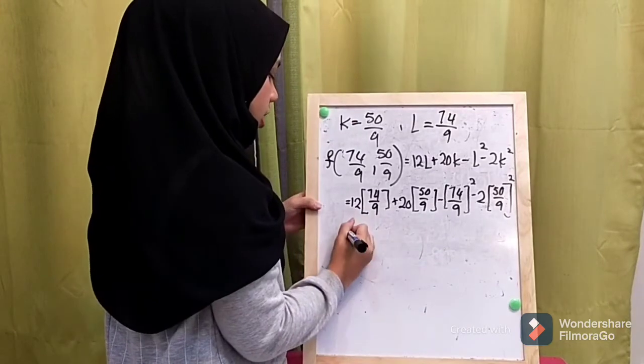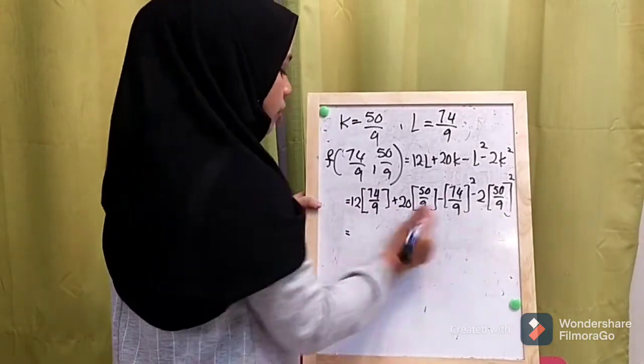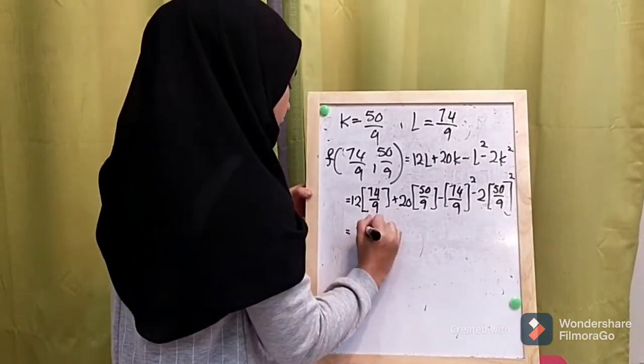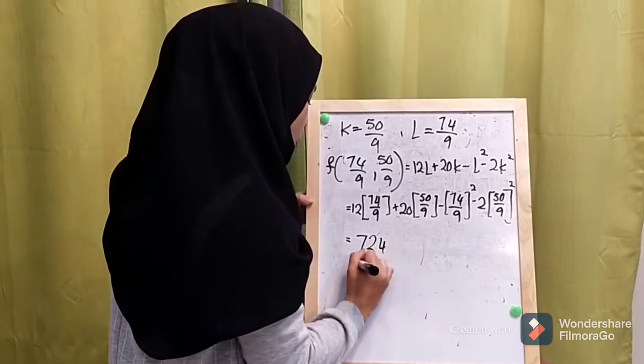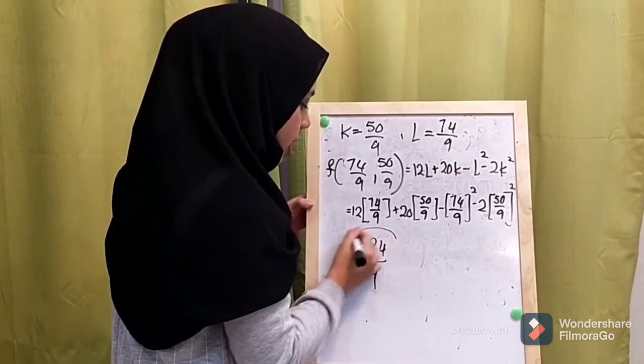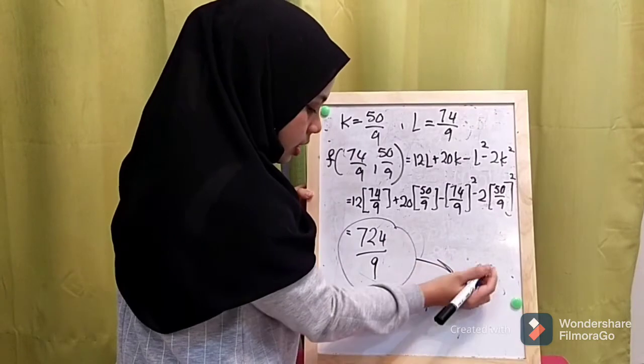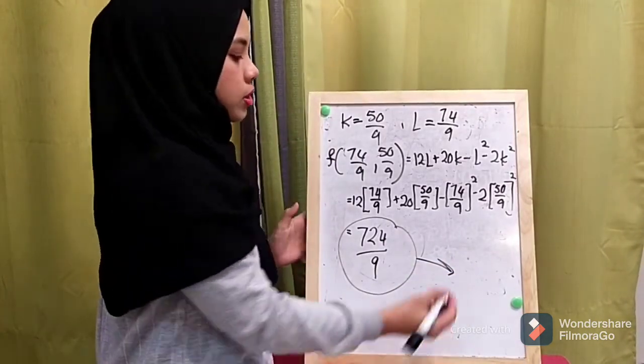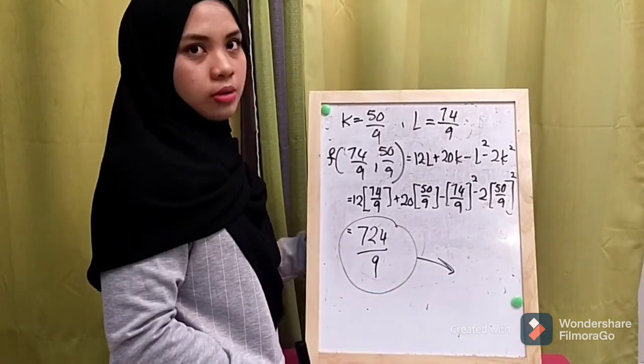We solve this and we will get the answer, 724 over 9. So this value is the greatest output possible that the firm can produce.